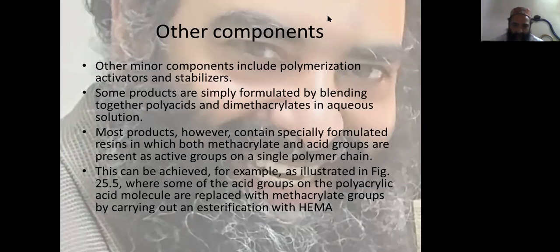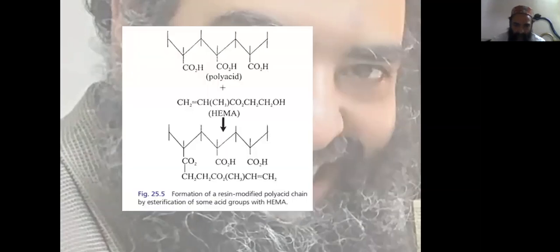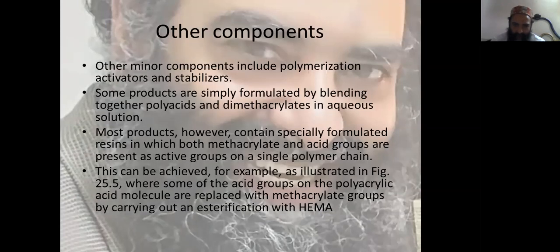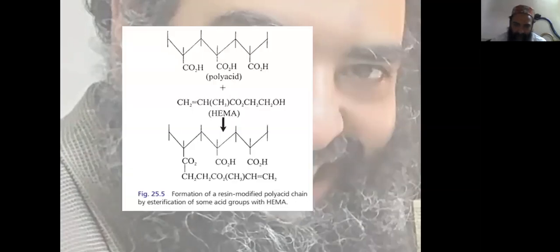And this can be achieved through this polyacid HEMA. Some of the acid groups on the polyacrylic acid molecules are replaced with methacrylate groups by carrying out an esterification with HEMA. This is the reaction.